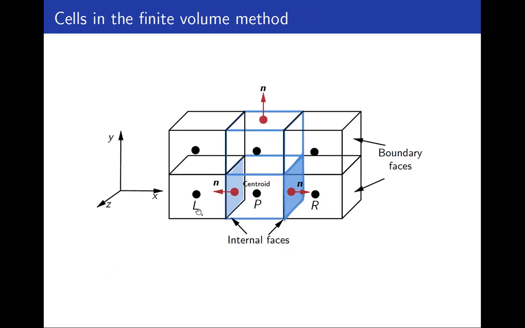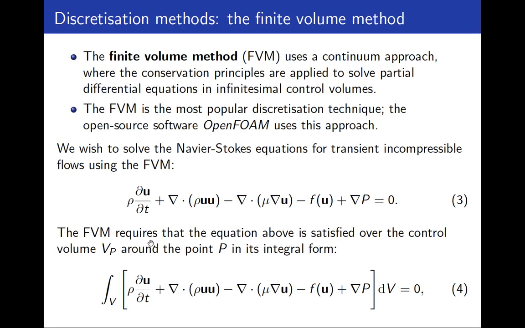So for instance, here we have a domain that can be split in 3 cells. So we will be focusing on this cell, which has a centroid P. This cell has internal faces, and the finite volume method requires that this equation is satisfied over the control volume Vp around the point P. P is the centroid.